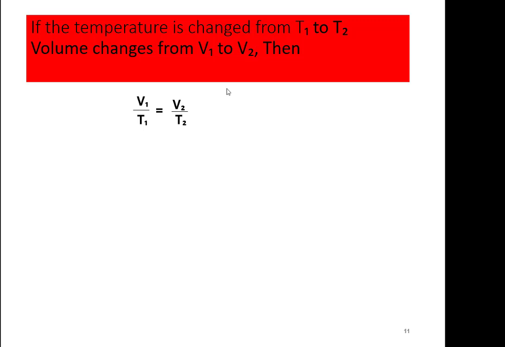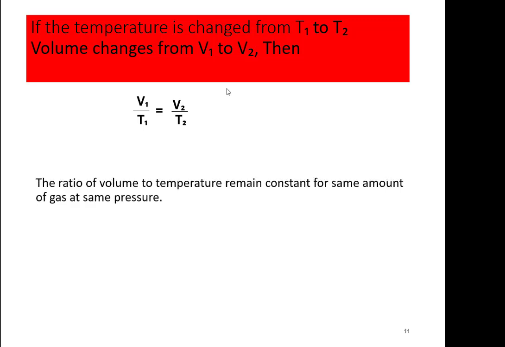V1 over T1 is equal to V2 over T2. The ratio of volume to temperature remains constant for the same amount of gas at the same pressure. The ratio which you can see between the volume and temperature will always be constant for the gas at the same pressure.